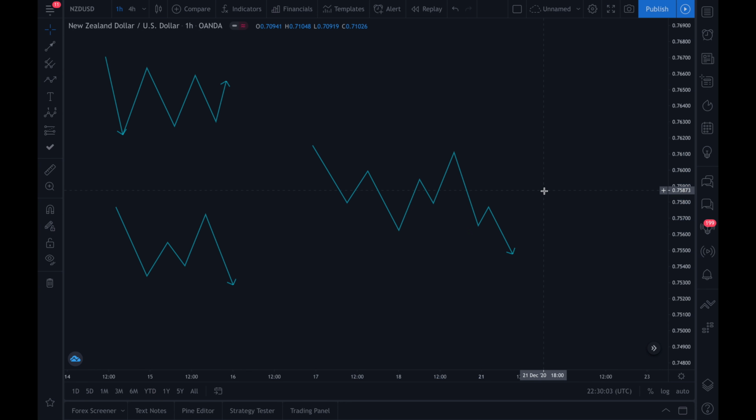So these are the three, I'll do the fourth one as well. And then finally we're also going to have what is termed a zigzag.